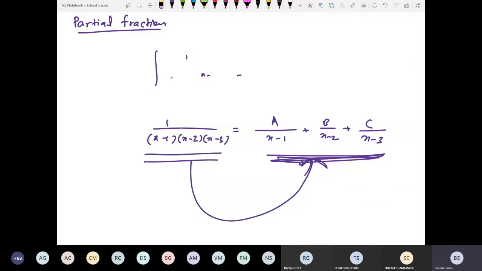So let me tell you how to use it. But this is applied to a rational function. That means in the numerator you will have a polynomial, and in the denominator again you will have a polynomial, like p(x) by q(x).